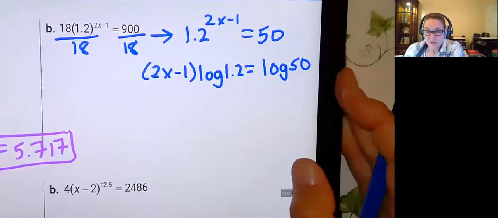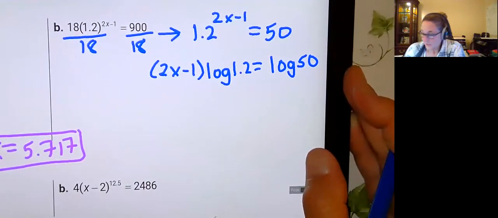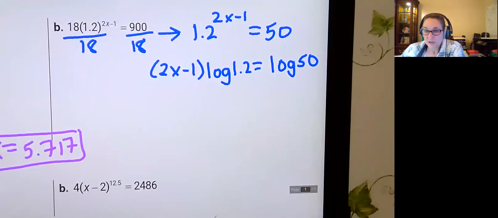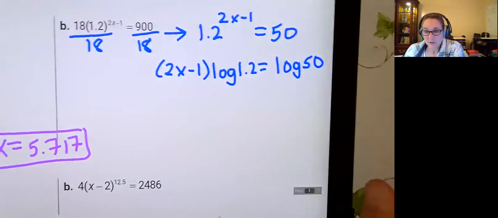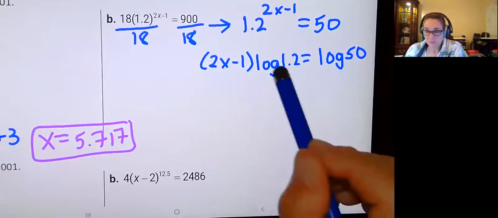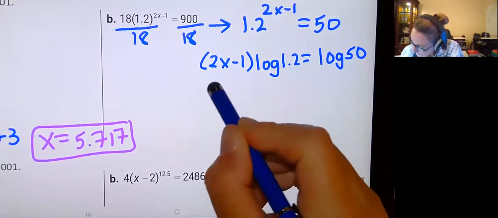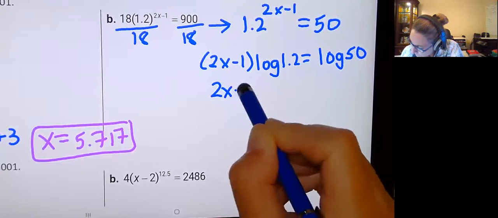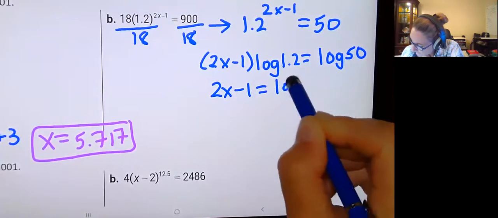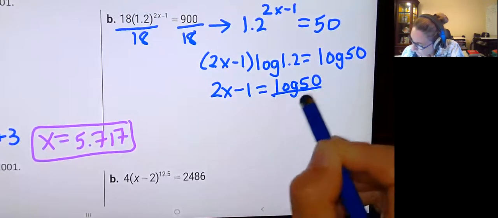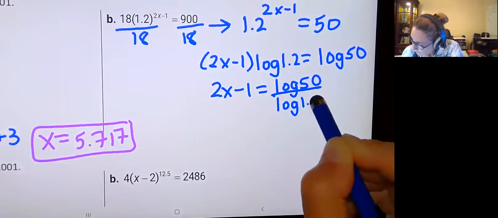Then I am going to divide both sides by log of 1.2. So I get 2x minus 1 equals log of 50 over log of 1.2.